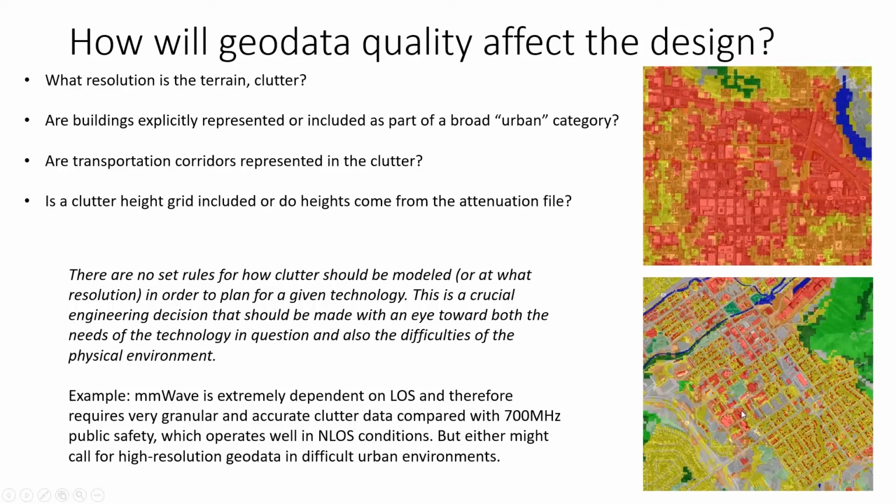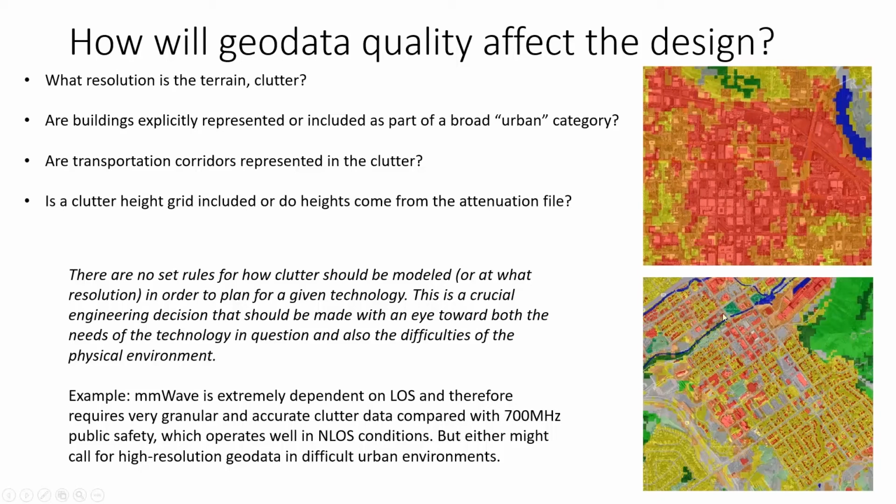All my red areas are places where there definitely is a building. And in the Cirrus data, those buildings currently are represented with just an average height. So I generally know where the buildings are, but I don't necessarily know exactly how tall they are. I would want to go in and sanity check the height values in my attenuation file before proceeding with the study.